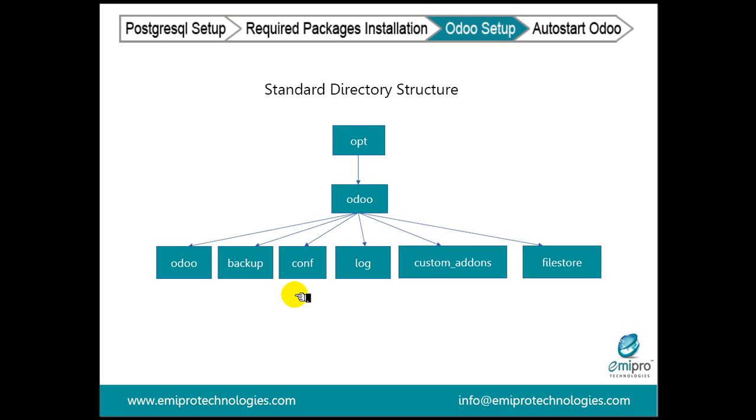Odoo will contain the Odoo files, backup will contain database backup files, conf will contain the Odoo configuration file, log will contain the Odoo log file, custom add-on folder will contain your community or custom add-ons, and filestore will contain the physical files which you are going to attach inside your database.